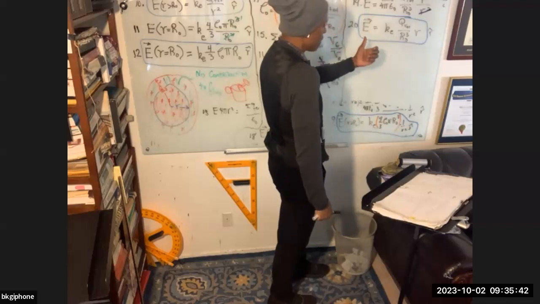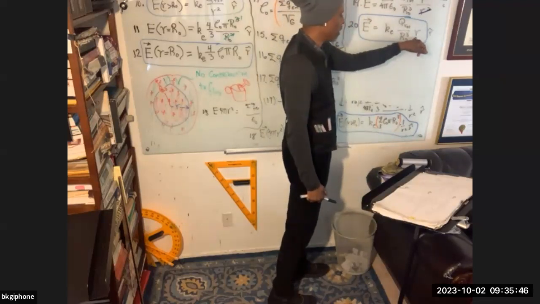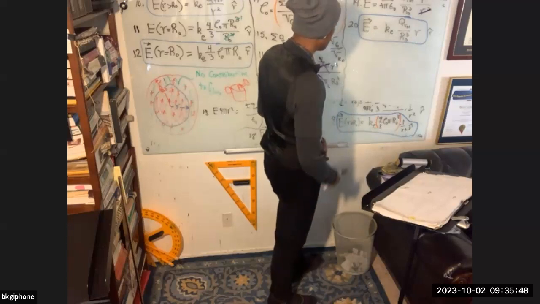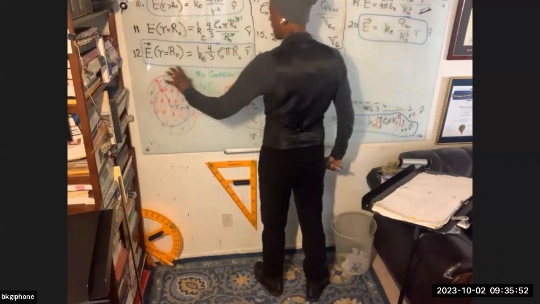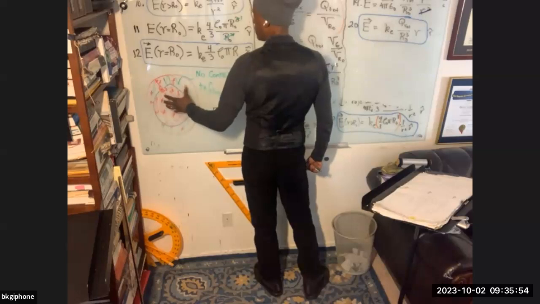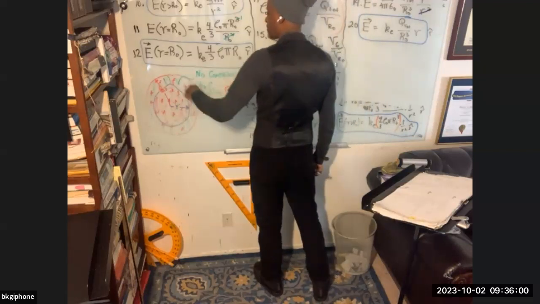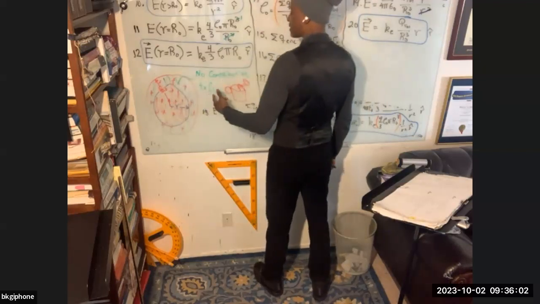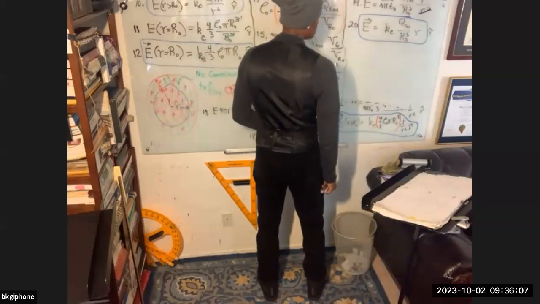You don't get a delta function anymore. It doesn't blow up because r is 0, so E is 0 at that point. And this is the field. So everywhere inside, the field is linear. Everywhere outside the field is 1 over r squared. Everywhere on the surface, the field is a constant.